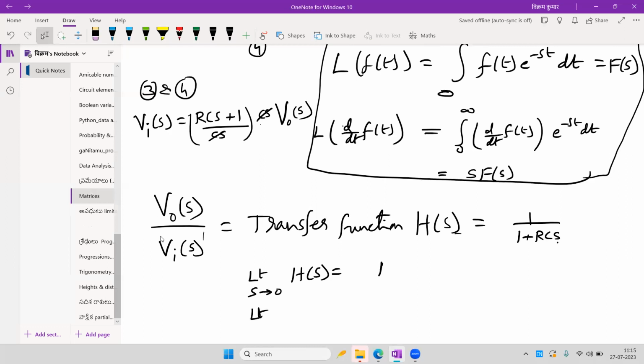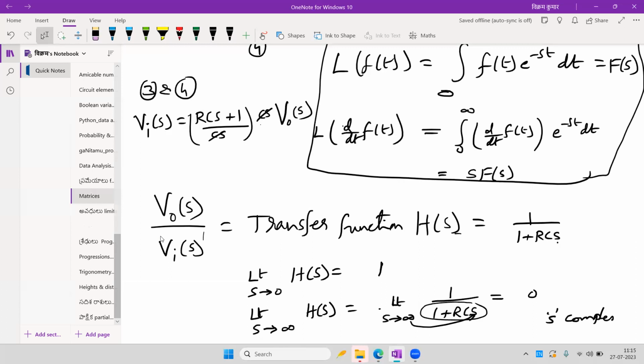And when I put s tends to infinity, H of s becomes limit s tends to infinity 1 by 1 plus RCs, that will become 0. If I put infinity, the denominator will become infinity. 1 by infinity is 0, right? Now, but what is s? s is nothing but complex frequency.